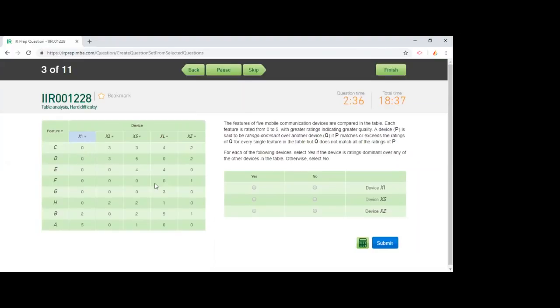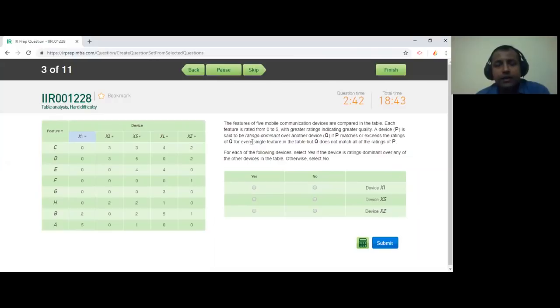Yeah, in fact, the idea is if the device needs to be dominant, then it essentially needs to be exceeding every other device in all the 8 categories. That is the whole idea.